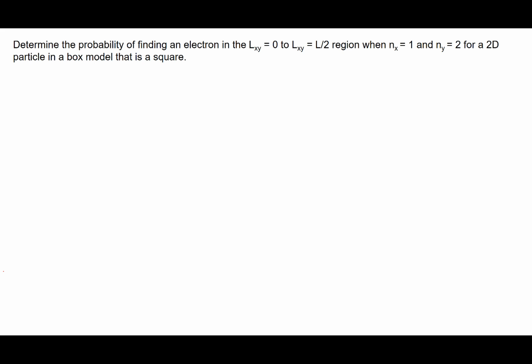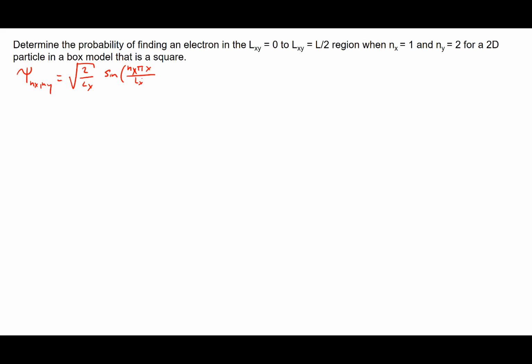So one way that we can approach this is to simply plot out the wave function. If we write out the wave function for a 2D particle in a box, psi of nx, ny, first we have the x direction component: the square root of 2 over Lx times the sine of nx times pi times x over Lx.